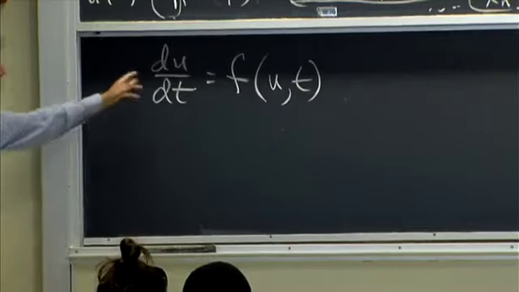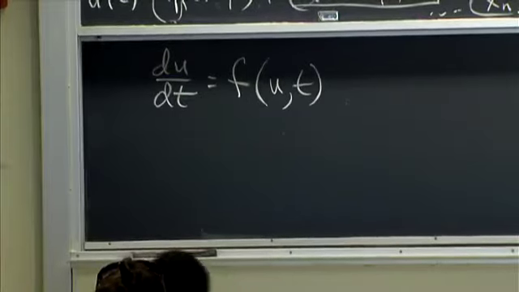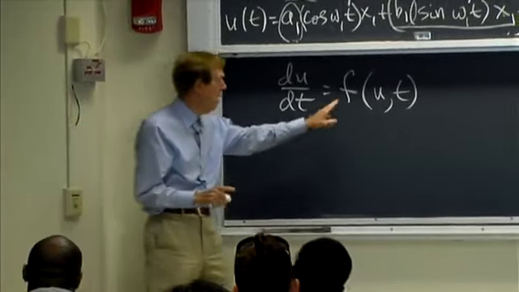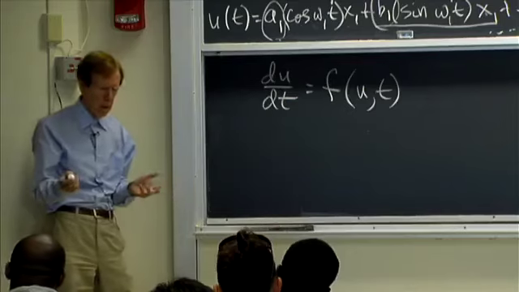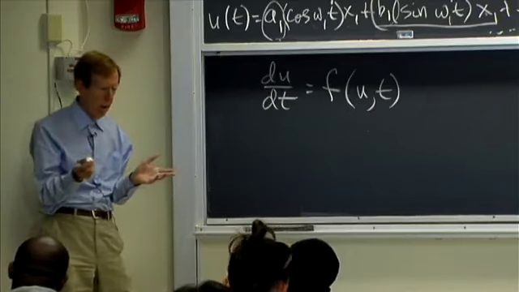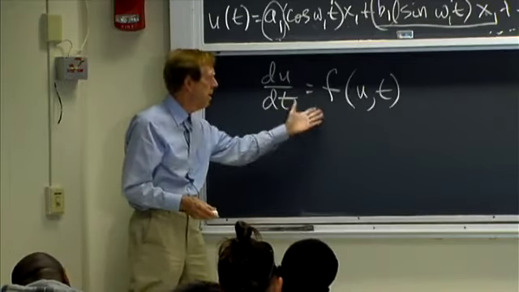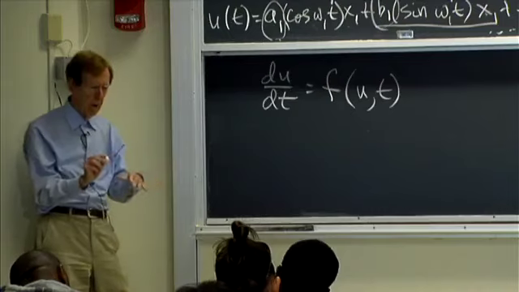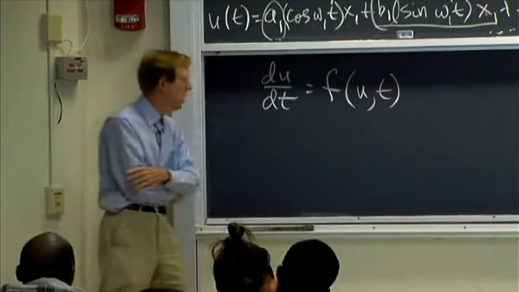I've got a first order differential equation, right? Is it linear? No. I'm allowing this function of u could be sine of u. It could be u to the 10th power. It could be e to the u. So this is how equations really come. You know, the linear ones are the model problems that we can solve.